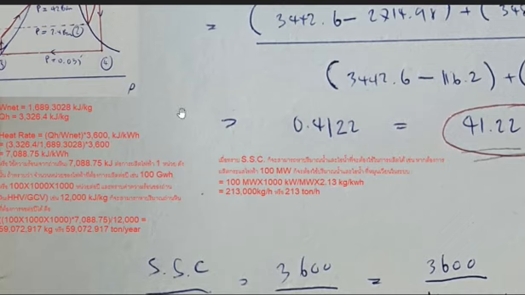So if we know the number of kilowatt hours, or units of electricity, that we need to produce per year, for example, if this power plant needs to generate 100 gigawatt hour per year, or 100 times 1000 times 1000 kilowatt hour per year.